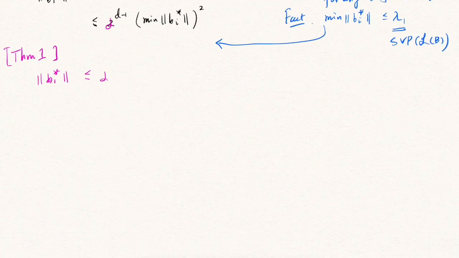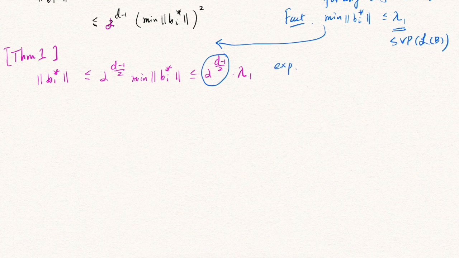In a concrete choice, it can be 2, but it's alpha to the D minus 1 divided by 2, because there is a square, so I take the square root on both sides, times the minimum of all the orthogonal vectors, and this is smaller than alpha to the (D minus 1) over 2 times lambda 1. I keep writing 2, but this should be alpha. This is the exponential approximation factor for the SVP.